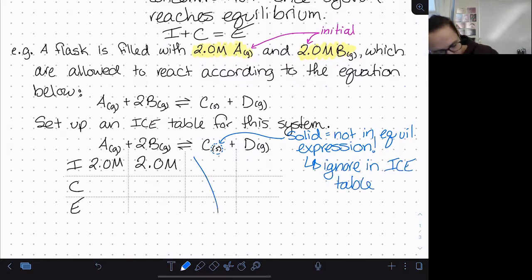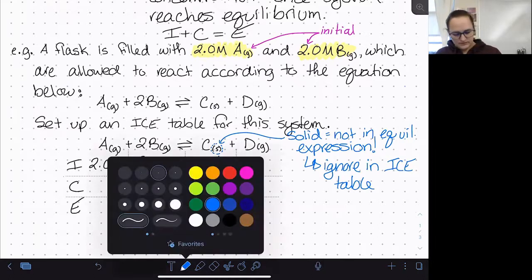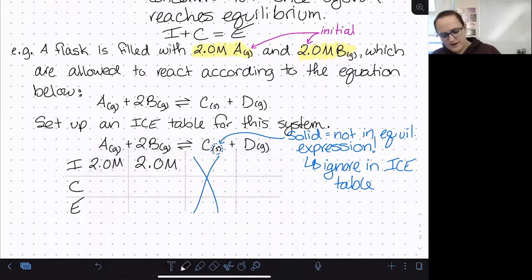So this whole column, we can just not put anything in since it's not part of our equilibrium expression. We don't need to worry about that. So we can assume that there is no D present initially.